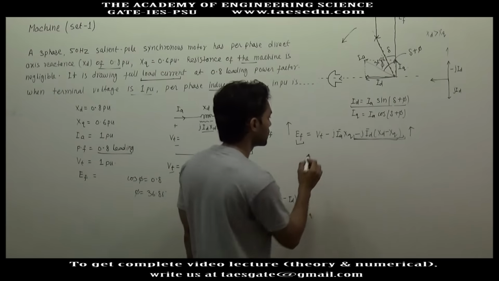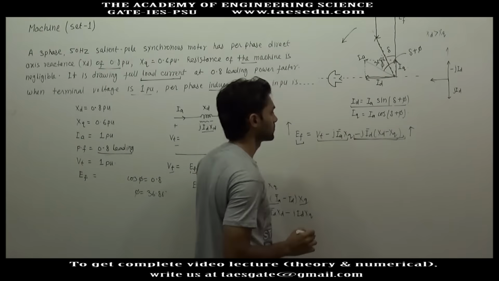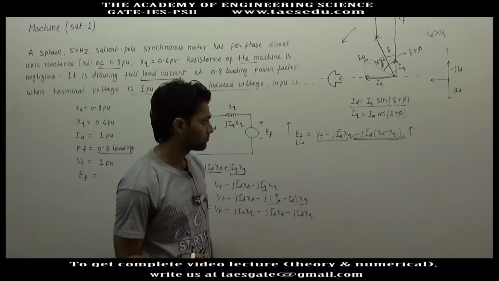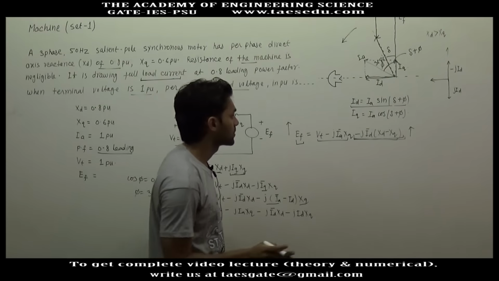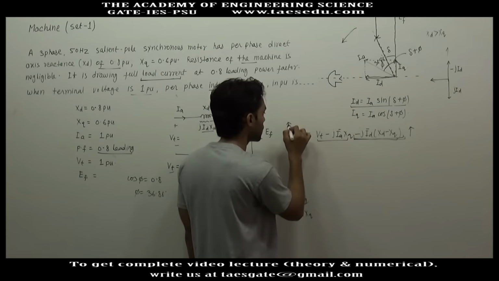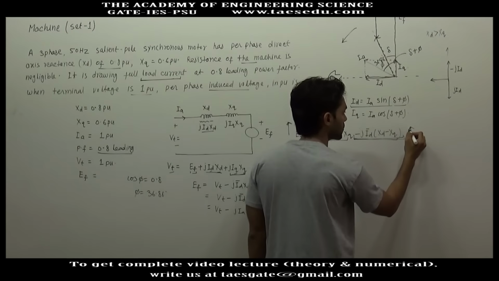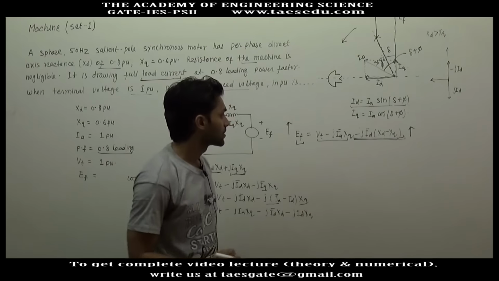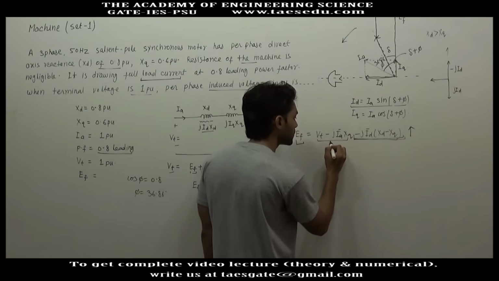Okay, so what will be the direction of this vector? We have a sum of three vectors. Out of these three vectors, two are in upward direction. The two vectors are collinear. So from the property of vectors, this will also be in the same direction.